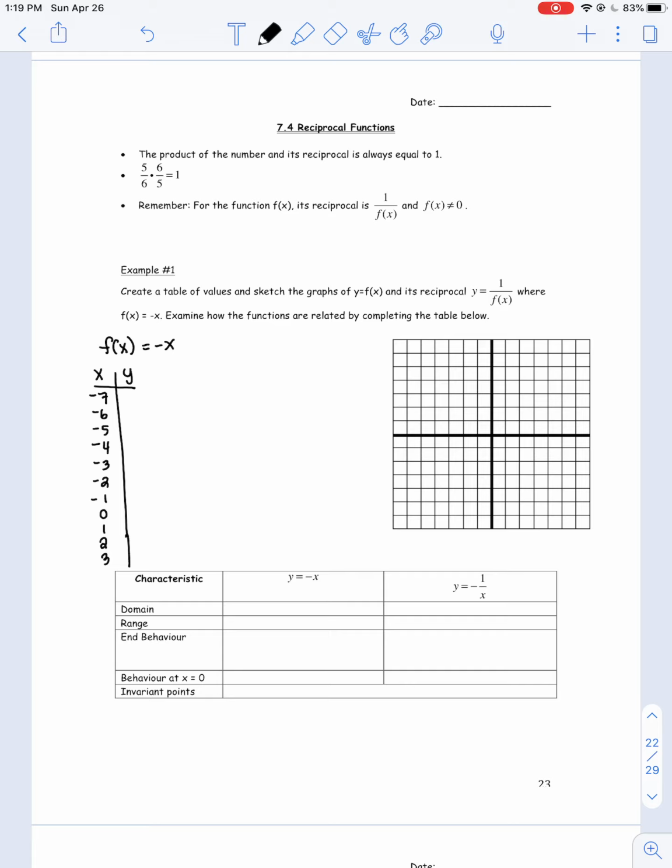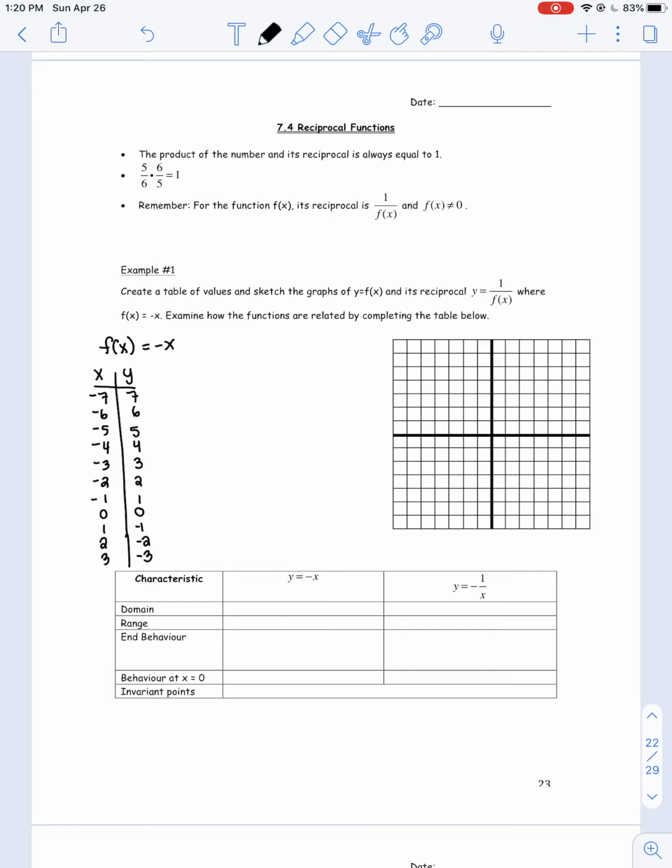If negative 7 goes into the x value, then we're going to get positive 7 out of there. If we put in negative 6, we get positive 6. Negative 5 becomes positive 5. Negative 4 becomes positive 4, and so on. 0, if we plug in, will become 0. If we plug in positive 1, we get negative 1. Positive 2, we get negative 2. And positive 3, we get negative 3. So that's the original function.